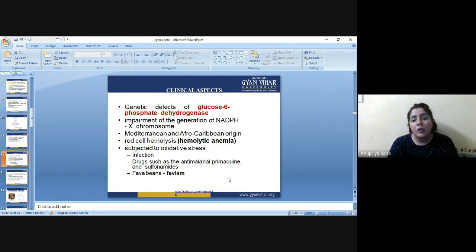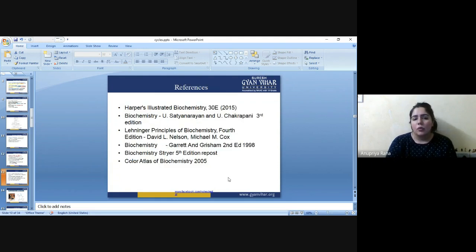When we have a regulated and normal pentose pathway in our body. Subject to oxidative stress in infection, drugs such as antimalarials and sulfonamides, fava beans, favism. These are the diseases which can happen inside our body if something goes wrong.